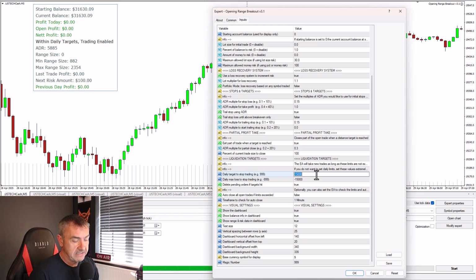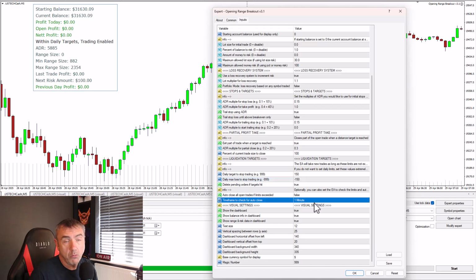But if you set it at 150, for example, it will automatically close out your orders and your pendings at $150 in profit or higher, obviously, because it checks every 1 minute. It's not going to do it exactly as soon as it hits.